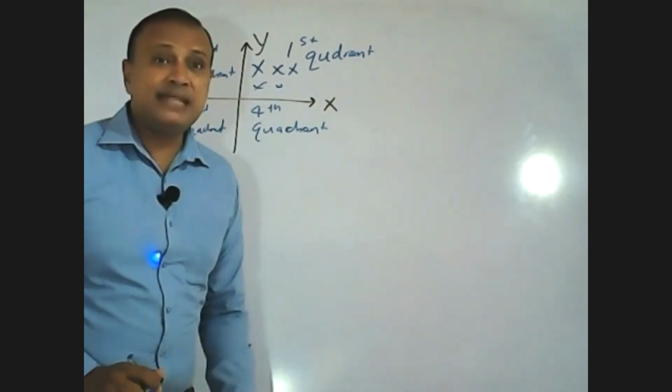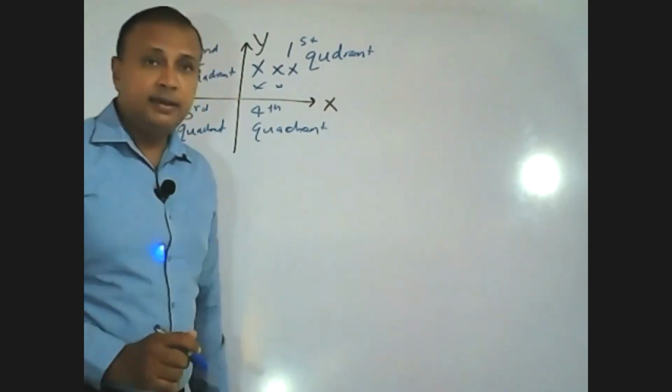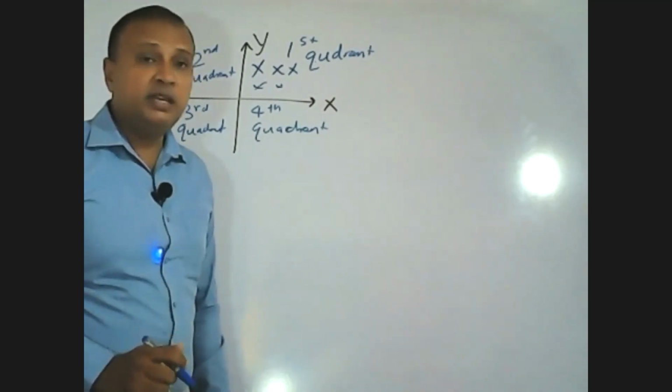Then we have learned about the signs of the X and Y axes in each quadrant.